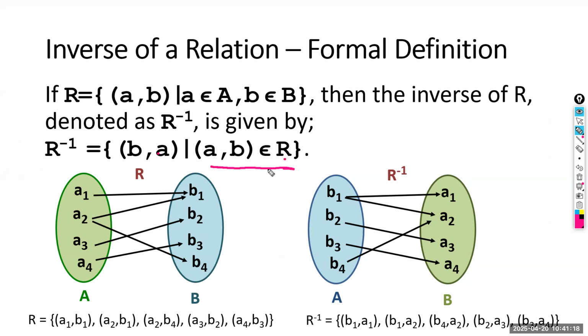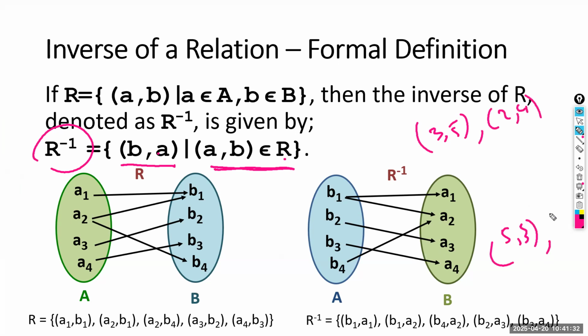Whenever a to b is in the relation, all your b to a create your inverse relation. So if there's 3, 5 in your relation, in your inverse relation there must be 5, 3. If there's 2, 4, in the inverse relation there must be 4, 2. And if this is R, this is your R inverse.